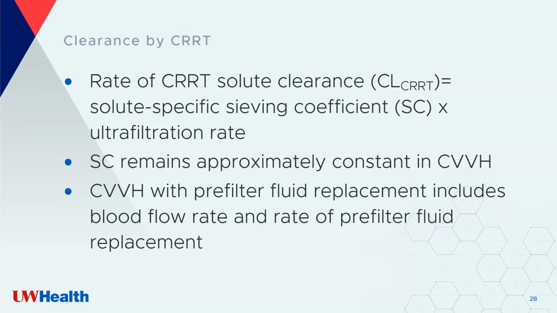The sieving coefficient really remains approximately constant in CVVH, so we can be confident that the unbound fraction of the drug does provide an approximate number for the sieving coefficient. We do times that by the ultrafiltration rate, as the faster the rate is, the more solutes and fluids will be cleared.